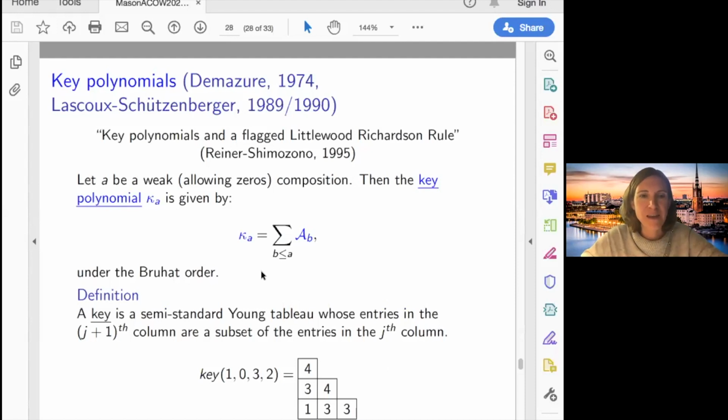If you take a weak composition and sum over the Demazure atoms of all weak compositions that are smaller than your initial weak composition in Bruhat order, you get your key polynomial.